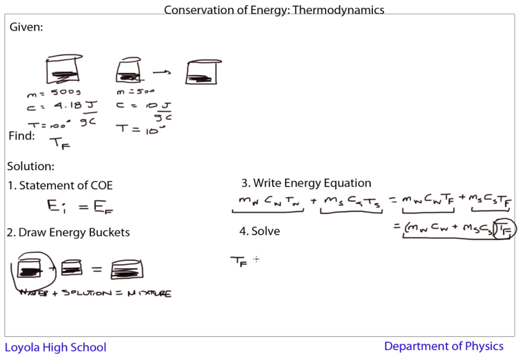So this equals mass of the water, C of the water, initial temperature of the water, plus mass of the solution, C solution, temperature of the solution, divided by what's in parentheses right there, mass of the water, specific heat of water, plus mass of the solution, specific heat of the solution.